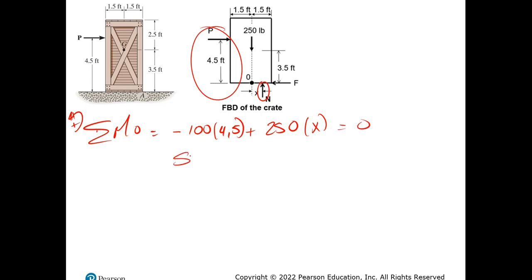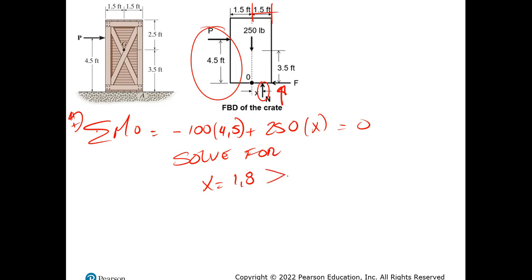When I solve for x, I will realize that x is equal to 1.8, which is right here outside of my range between 0 and 1.5.